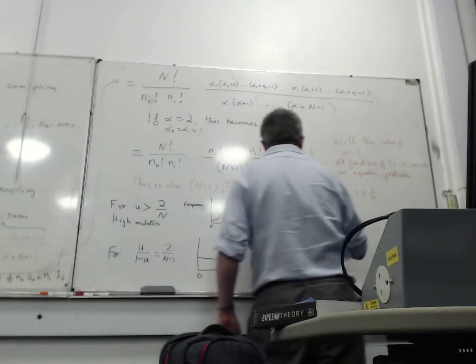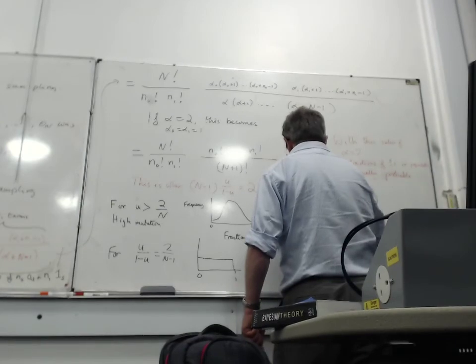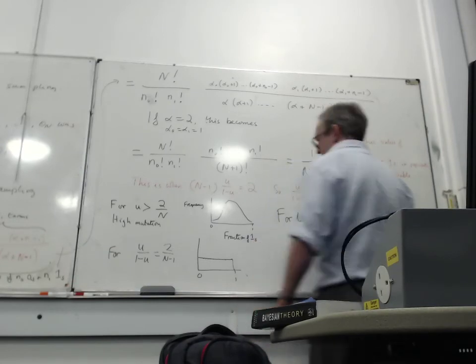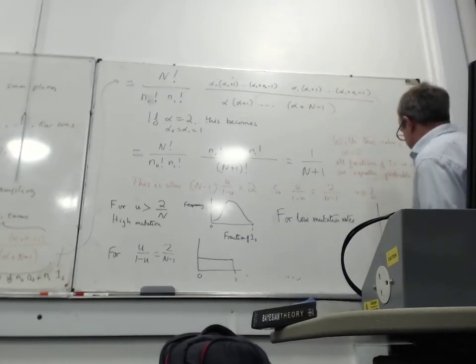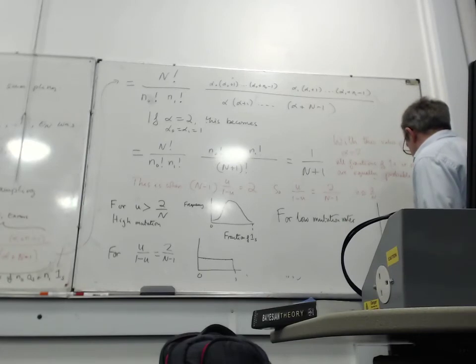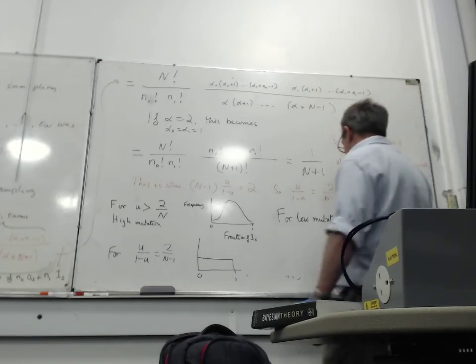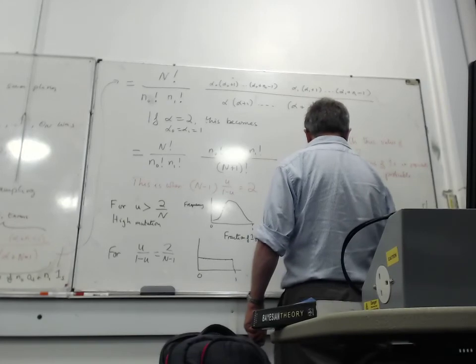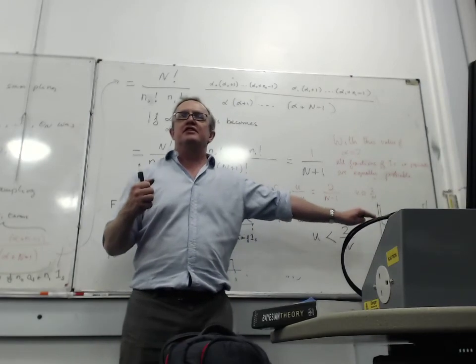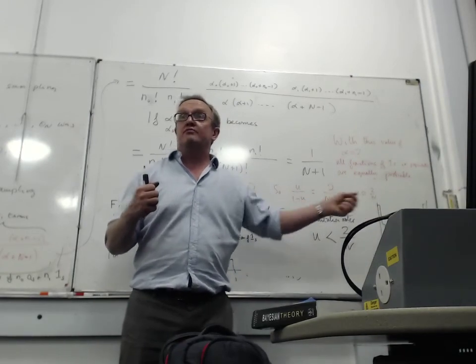For a small mutation, for low mutation rates, your populations are either going to be nearly all zeros or nearly all ones, and not much in between.